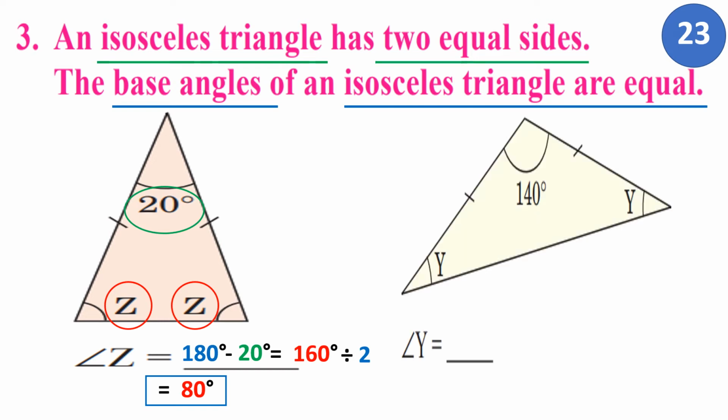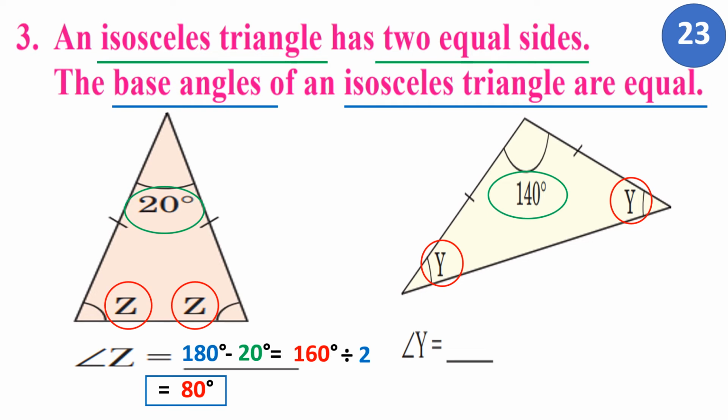Example, the other one here. You have the base, the y here is the same, equal sides here, and then you have 140 here. The interior angles of the triangle is 180.